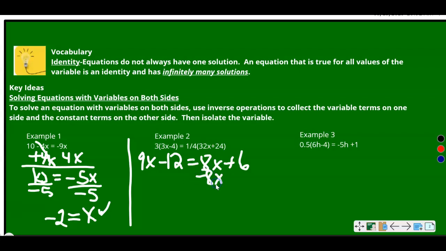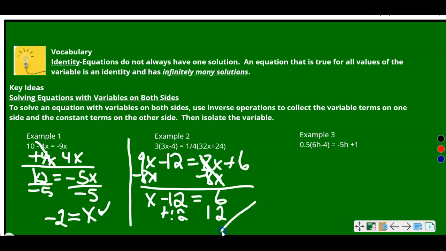I tend to take the smaller number away from the larger number, so I'm going to subtract 8 from both sides, and that leaves me with a positive 1x. It's a little easier not to lose a negative sign if you already have a positive sign there. So x minus 12 equals 6. Add 12 to both sides. X equals 6 plus 12 is 18.